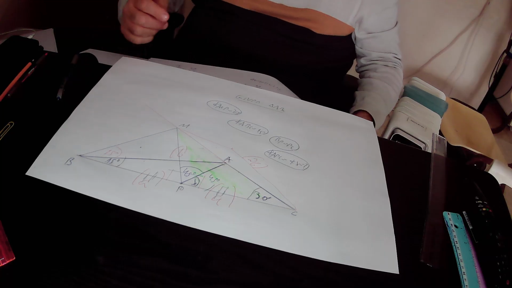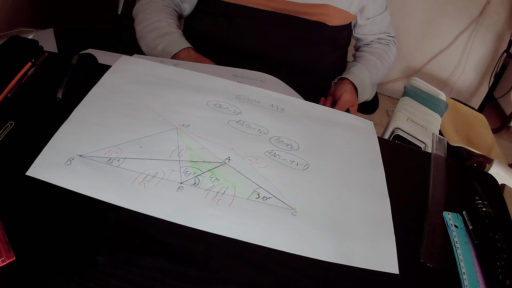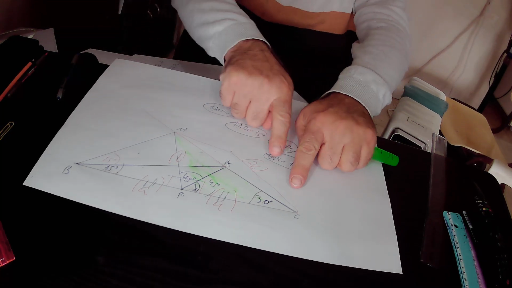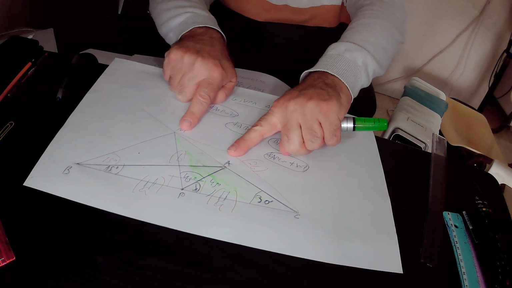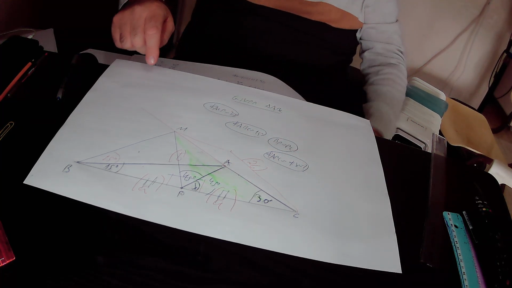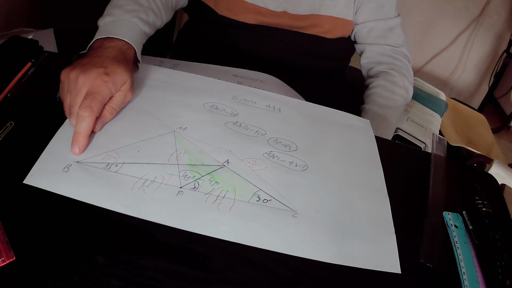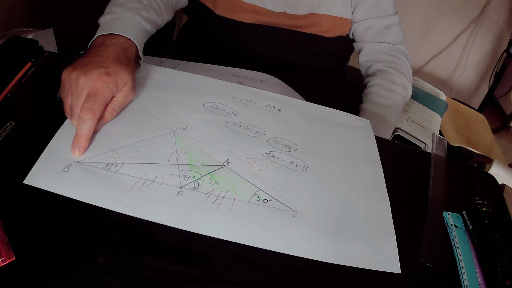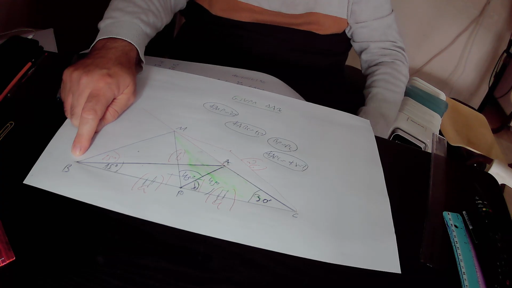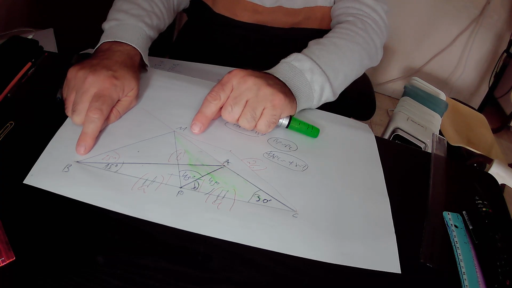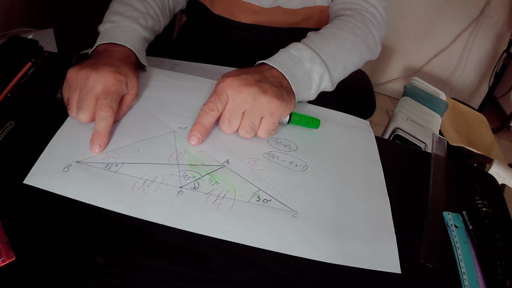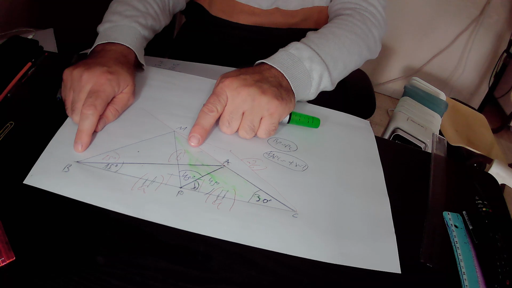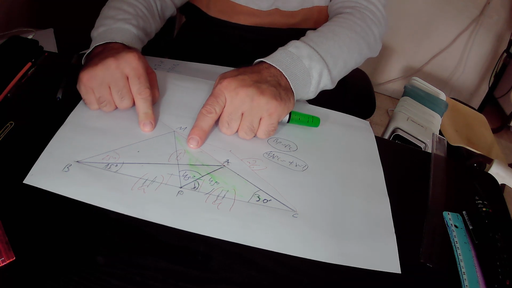In the next step, we did a construction. That is to say, we extended this side CA of triangle ABC by a straight line, and then at this point B, we created an angle that equals 15 degrees inside. The leg of this angle that equals 15 degrees inside is the leg BM.